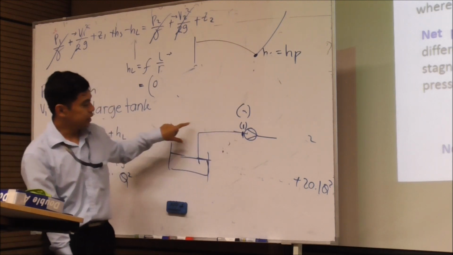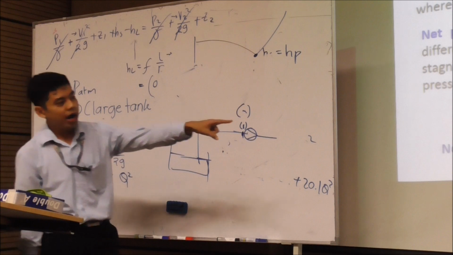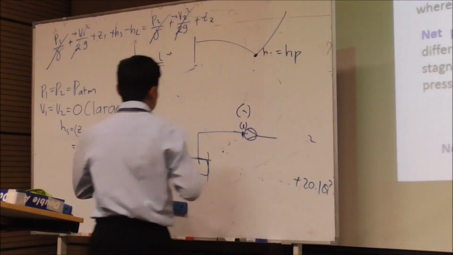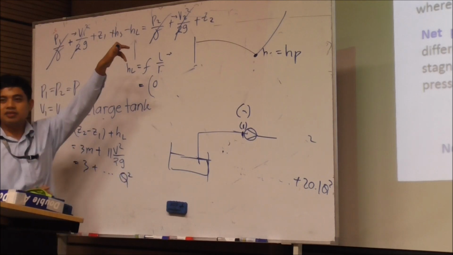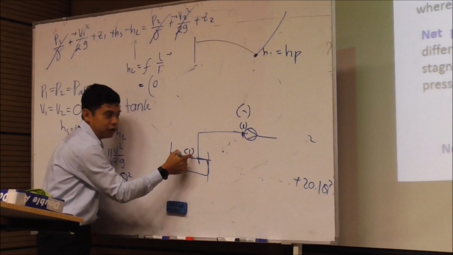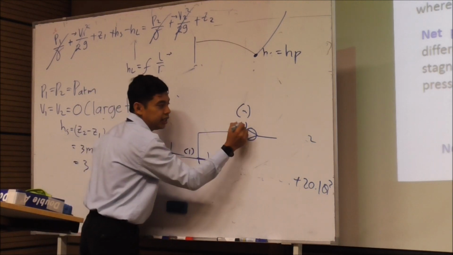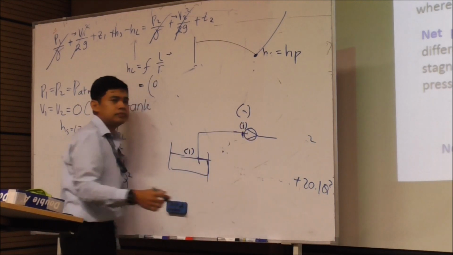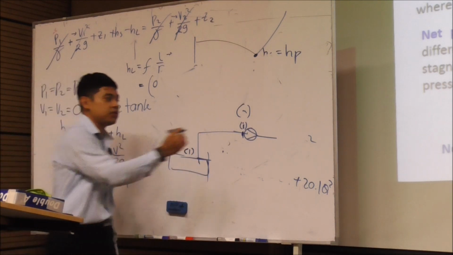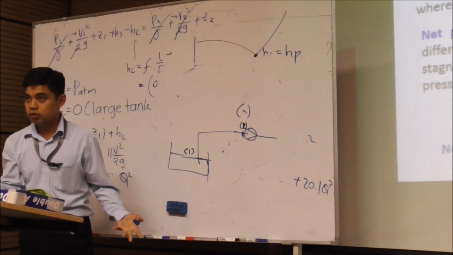Okay, and one more thing. How do you calculate that one? This is by using the Bernoulli equation between the point here, your point 1, and here, the inlet. Or you can call it, it depends. If the equation is only this, you can call it point 2, right?